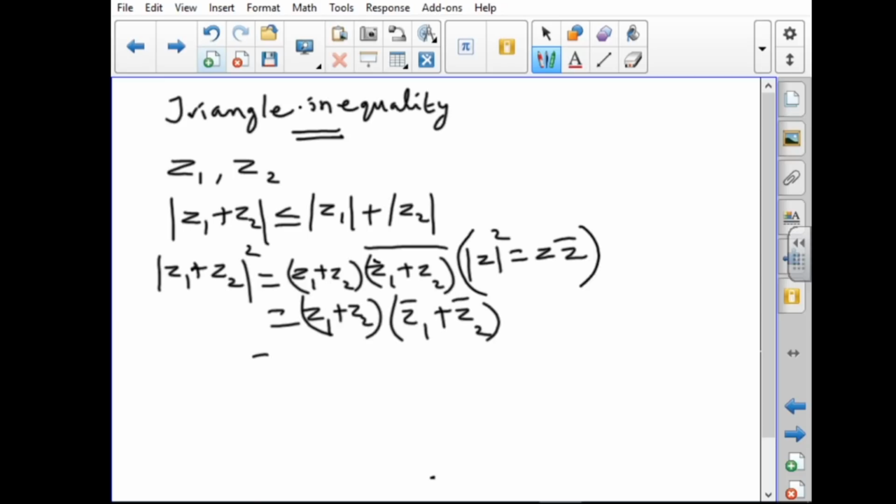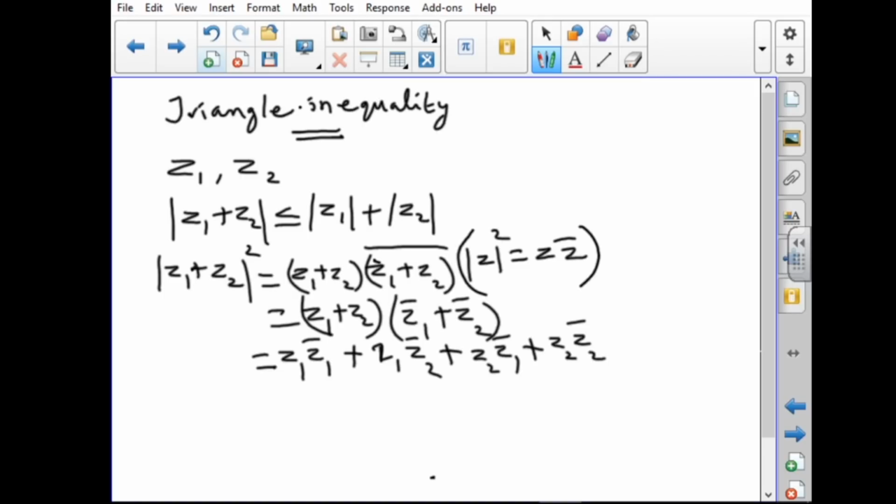So now ordinary multiplication. What do you get? z1 into z1 bar, then plus z1 into z2 bar, plus z2 into z1 bar, plus z2 into z2 bar. So ordinary multiplication we have done.